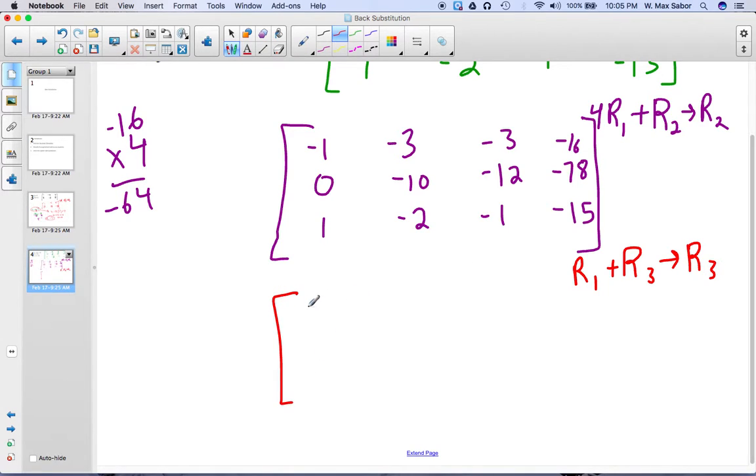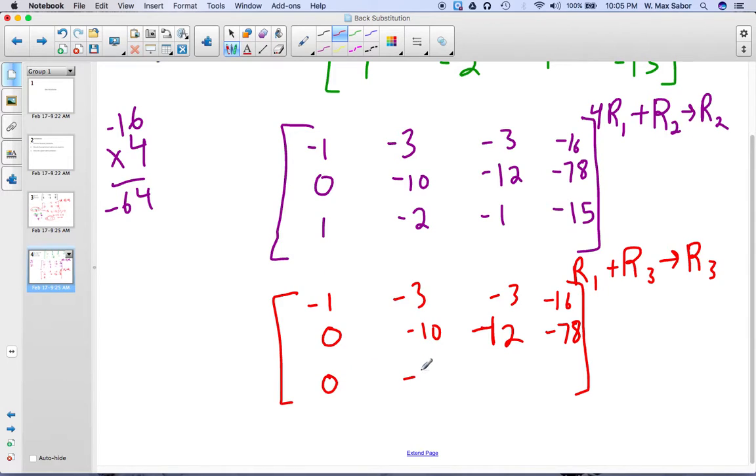So what do we get? -1, -3, -3, -16, 0, -10, -12, -78. And this will be 0, -5, -4, -31.